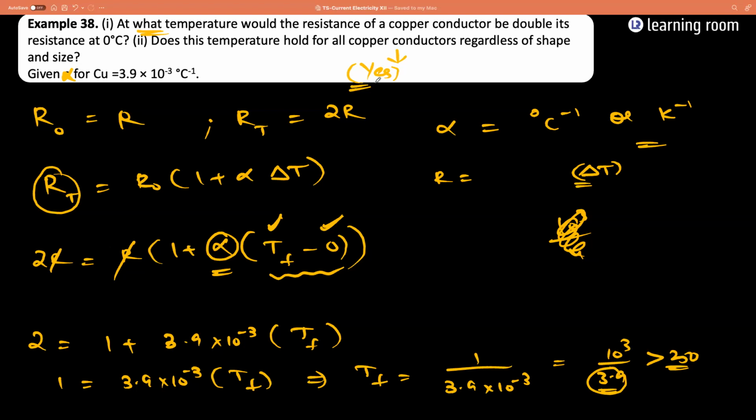What is the reason? Because the temperature coefficient of copper, whatever shape and size it is, is going to be the same. Because alpha is the same.